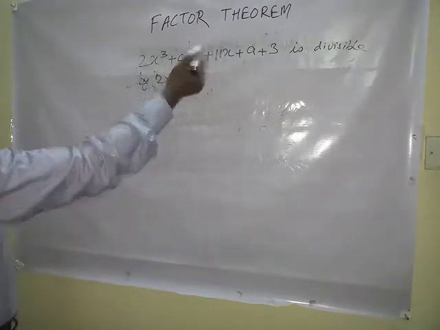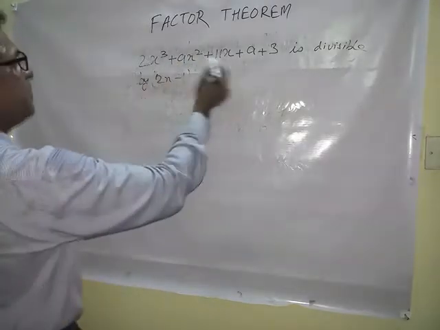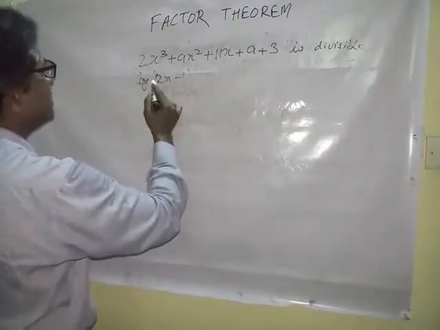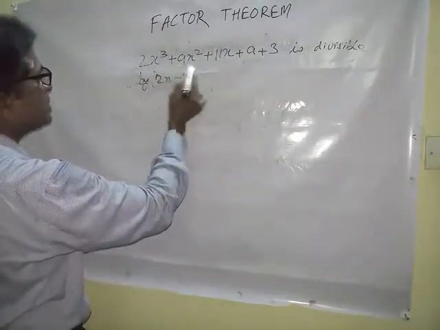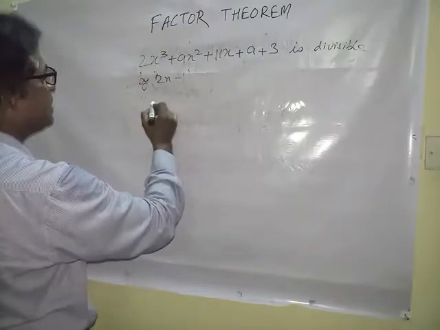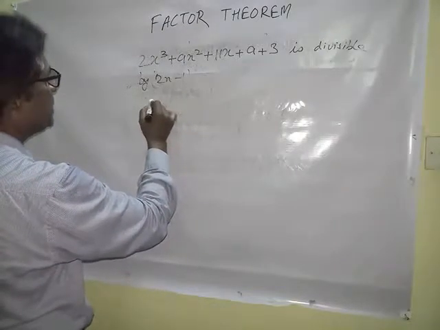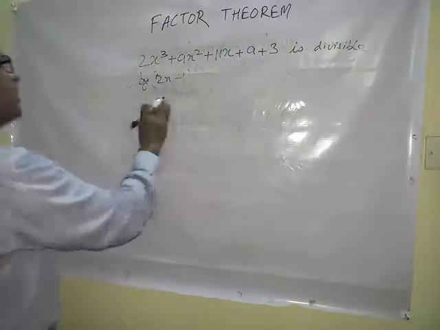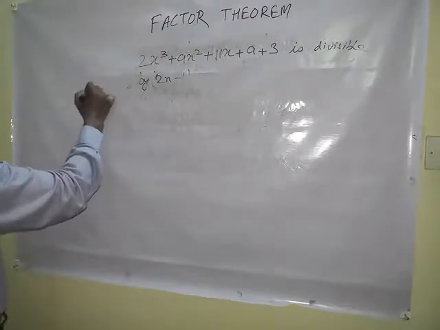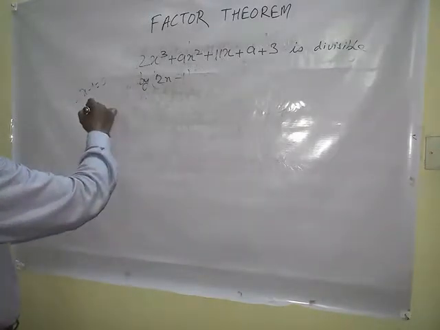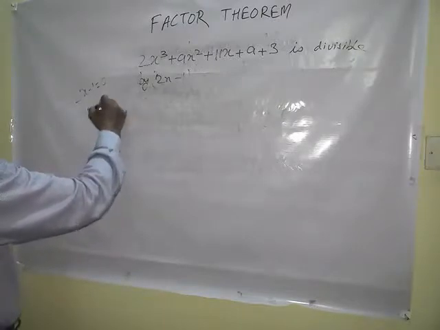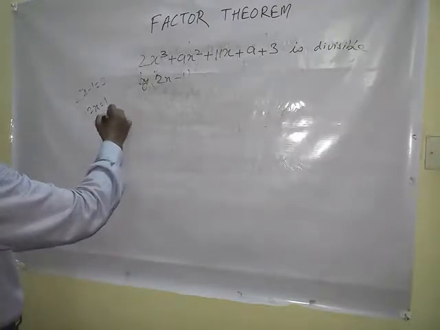So again you have to write down the similar thing. Let P(x) be equal to this. Since 2x minus 1 is a factor of P(x), 2x minus 1 is equal to 0, so 2x is equal to 1, so x is equal to 1 upon 2.